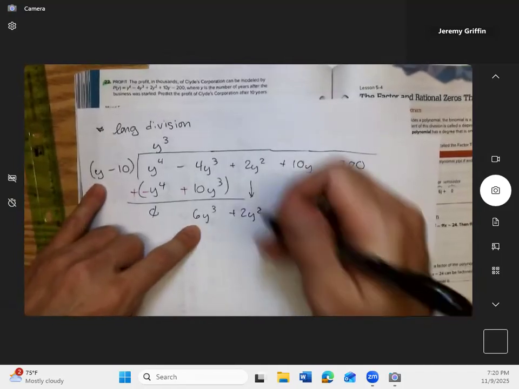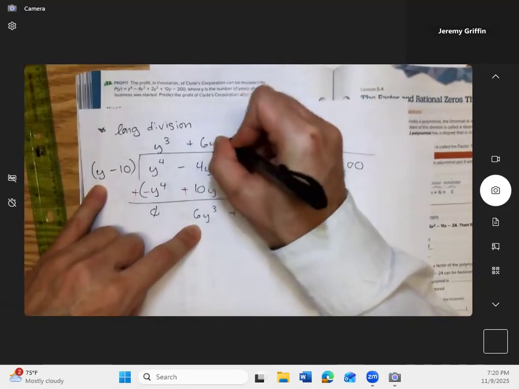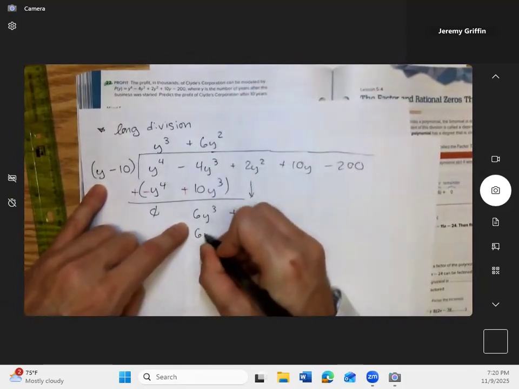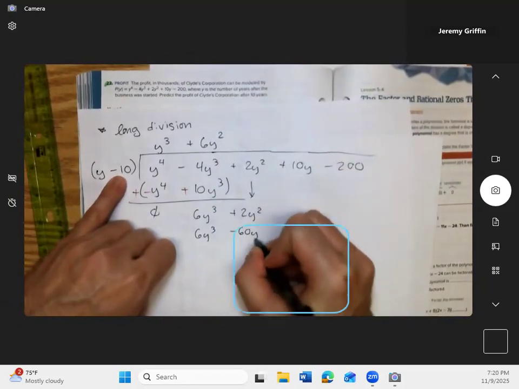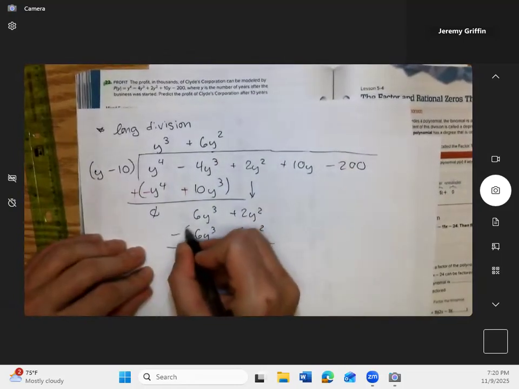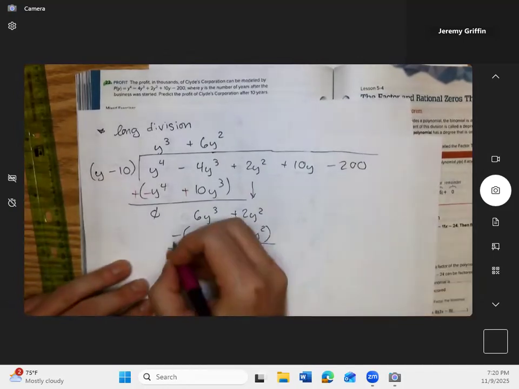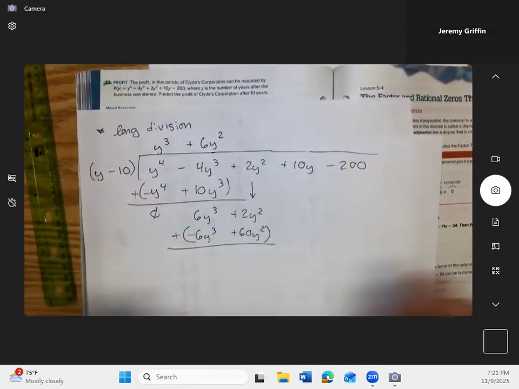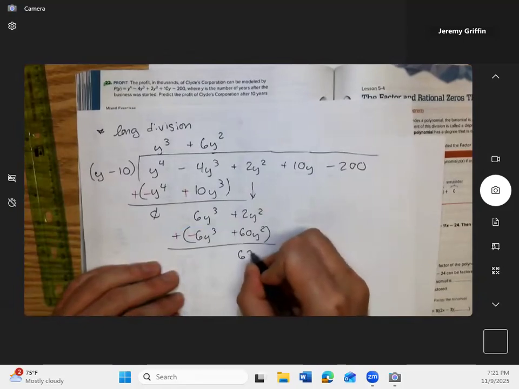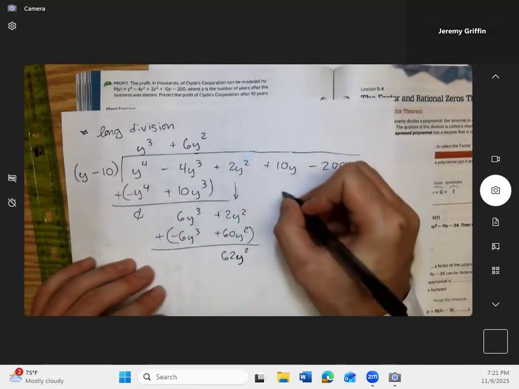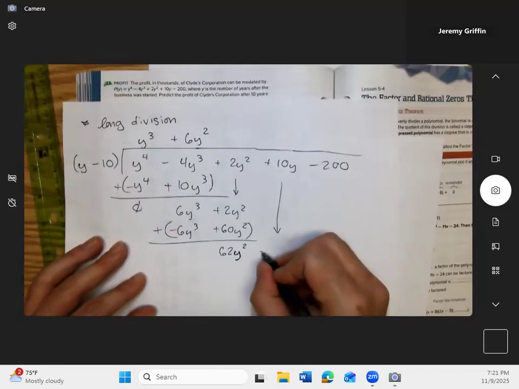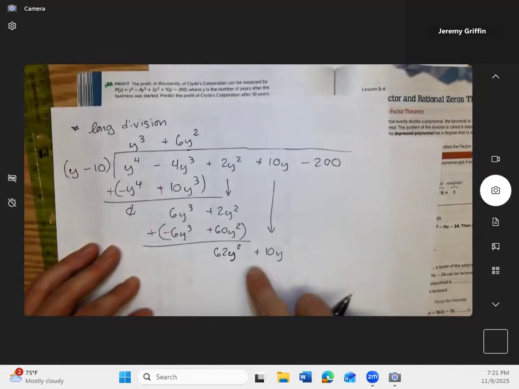Y goes into 6y to the 3, it'll be 6y squared times. So 6y to the 3. My 6y squared times -10 is -60y squared. Subtract. That's going to give me 62y squared. Then drop this down, plus 10y.